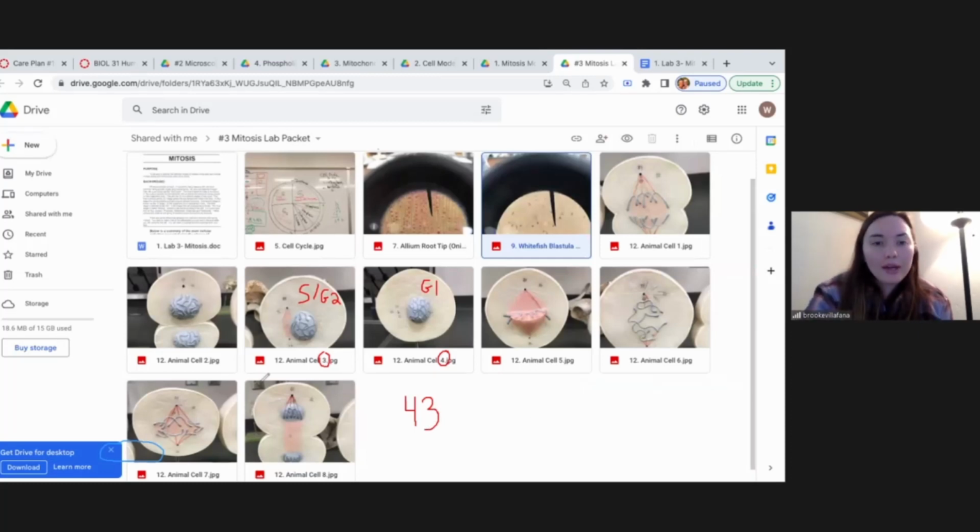Okay, and then now the cell is going to enter into prophase. So it's going to kind of scramble itself up right here. 6. Then the cell is going to line the DNA up at the middle, right here in metaphase. So that'd be 5. Then it's going to start pulling that DNA apart.